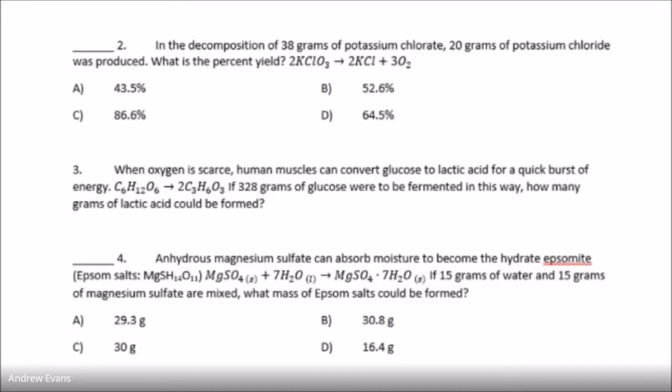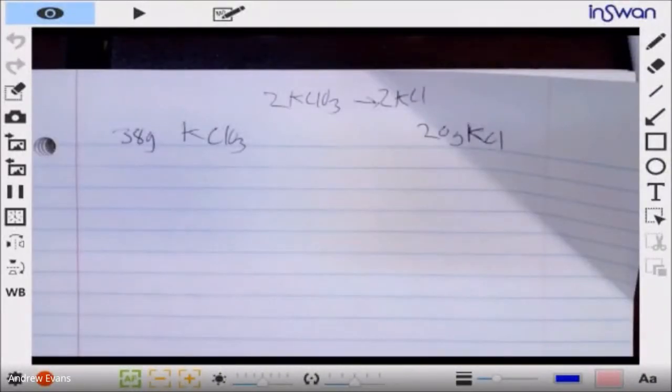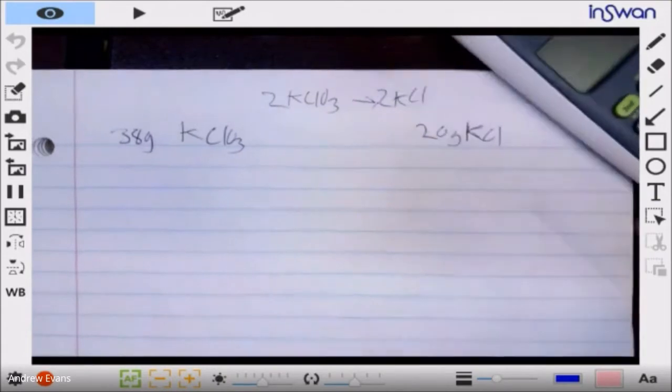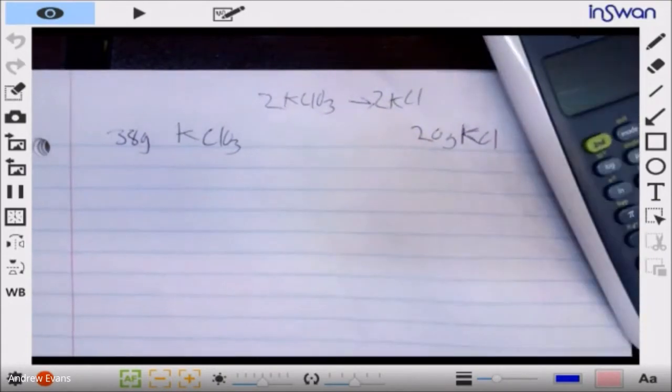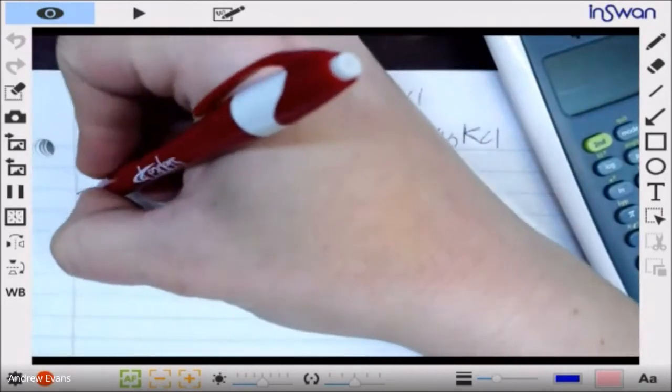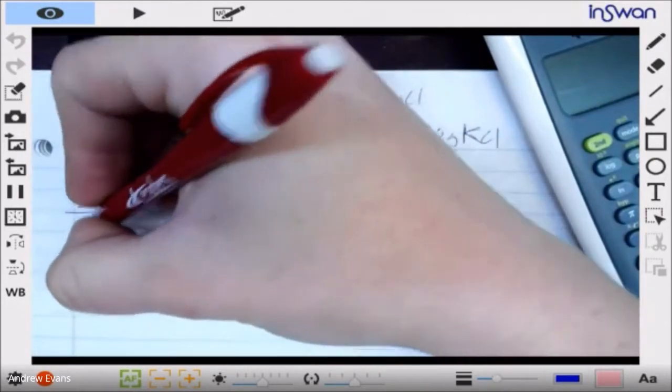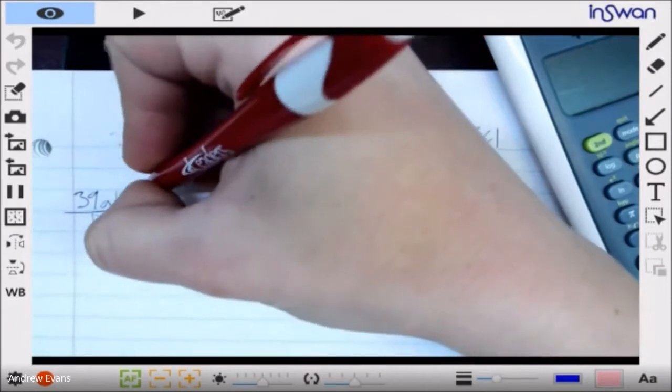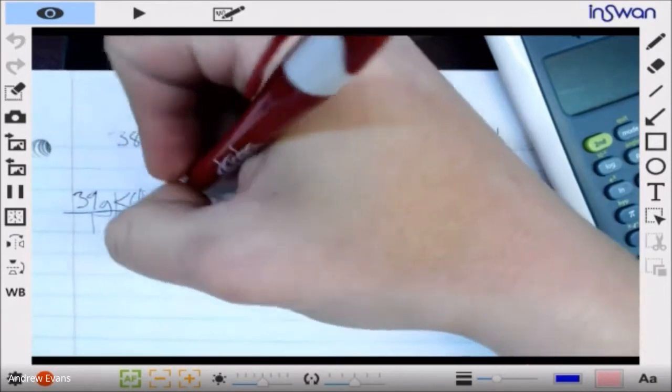Okay, we've got all we need to solve this. We might have to look up the molar mass, but that is something that can be easily done. So, almost always we're going to be starting with a mass over 1, starting with one of our starting numbers over 1.